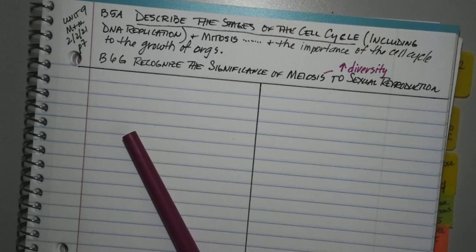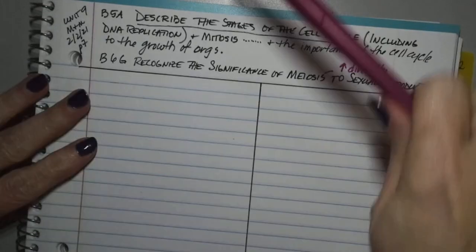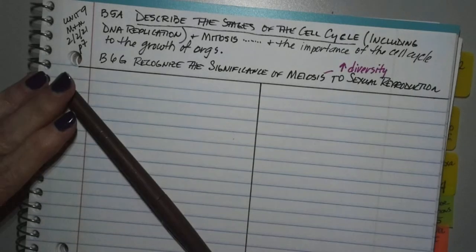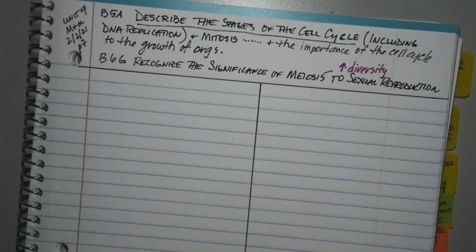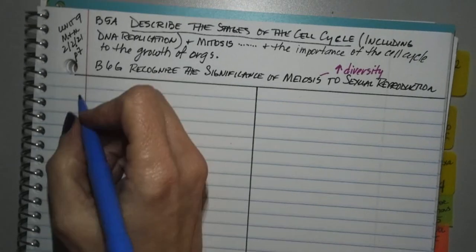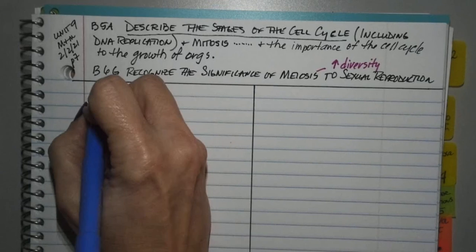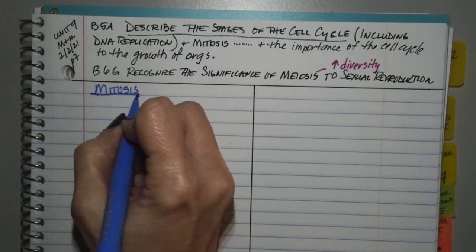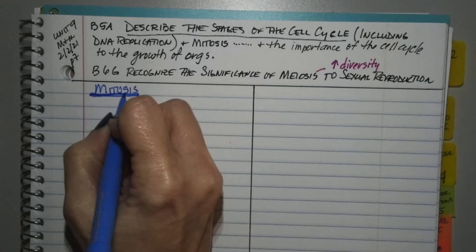Okay, so I'm going to get two colors. Let's say brown, and how about blue? All right, so I'm going with mitosis here. At the top of this one, I'm going to put mitosis. Everything on this side I'm going to put in blue, and it's going to be dealing with mitosis, and on the other half of the page will be meiosis.